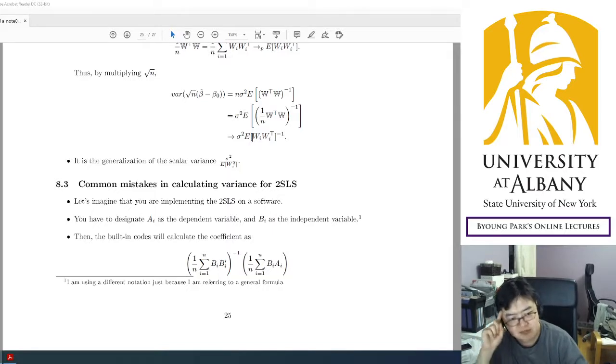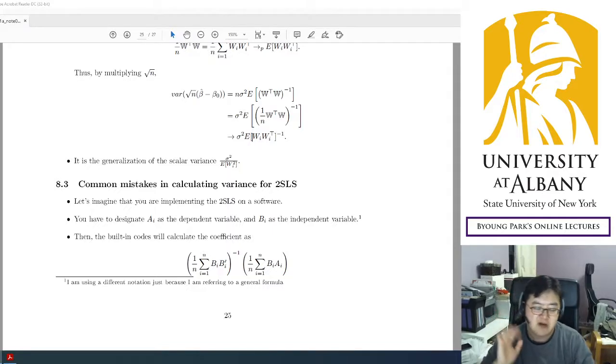So I'd like to compare the typically wrong formulas used in many papers by students. Imagine a software, and I'm going to consider generic notation.